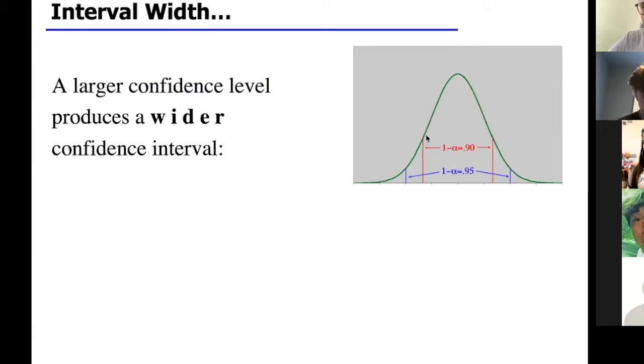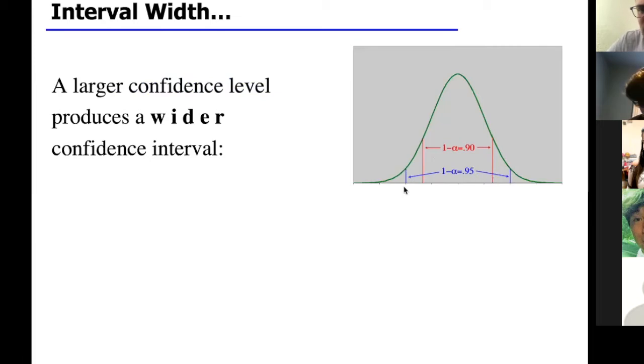Again, the confidence level has an influence on the width. You can see it here graphically. So here we have a confidence level of 90%, then the boundaries would be from the one red line to the other red line, because we're cutting off a 5% tail on each end, a larger tail that we can cut off, which means the part that remains in the middle is larger, versus a confidence level of 95%.